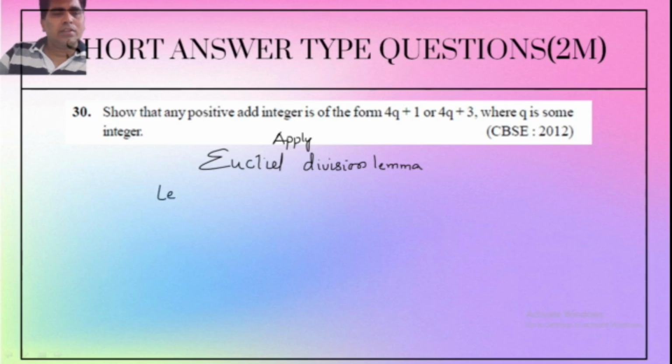Let us consider two positive numbers. I am taking A as one number and B as a positive number 4. Consider A and B are two positive numbers.